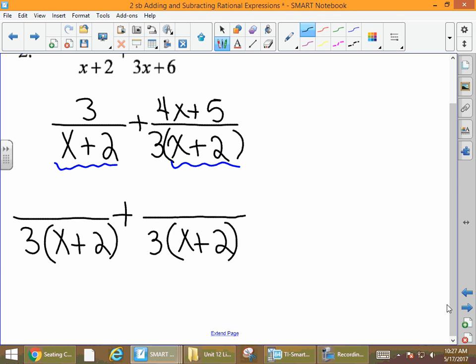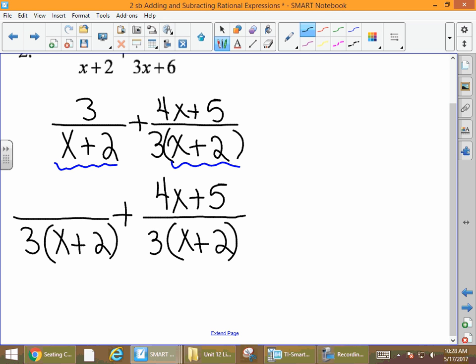Well, if we take a closer look here on the second fraction, we didn't change anything. There was 3 times the quantity of x plus 2 originally. There's still 3 times the quantity of x plus 2 with their common denominator. So this second fraction is going to remain the same. It's 4x plus 5.